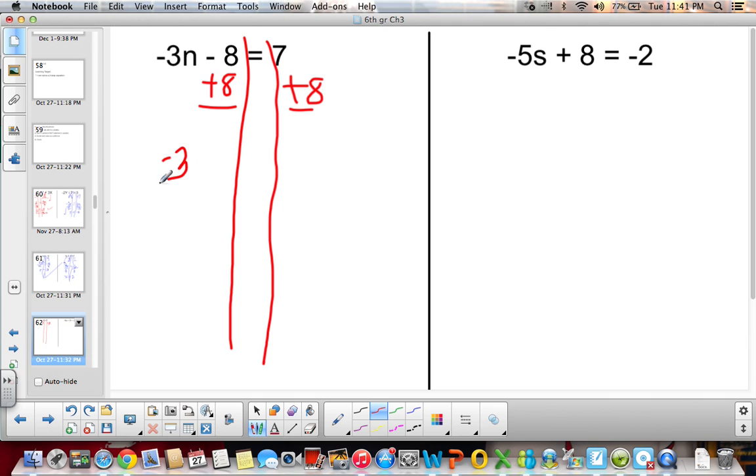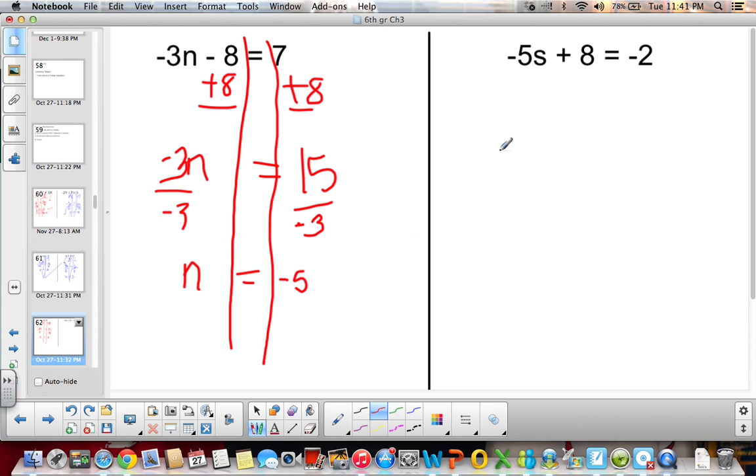Negative 3n equals 15. And now I look and I know that I can divide. So we divide both sides by negative 3. Negative 3 over negative 3 cancels out, so we have n equals negative 5.